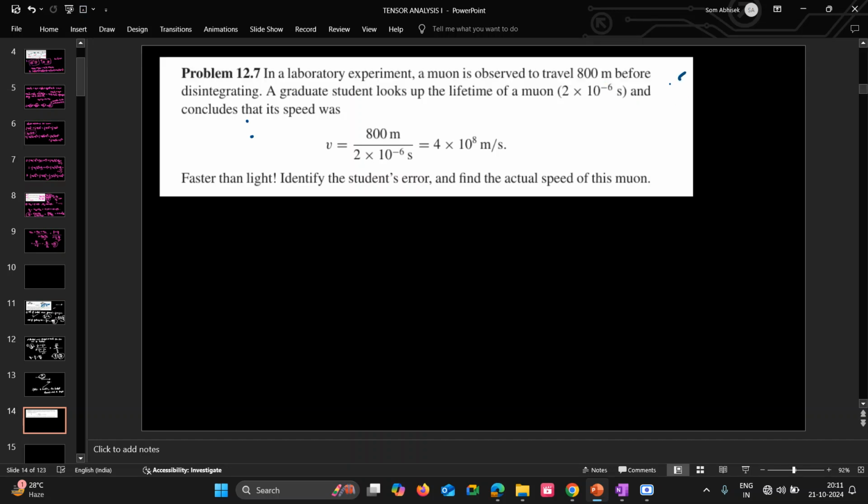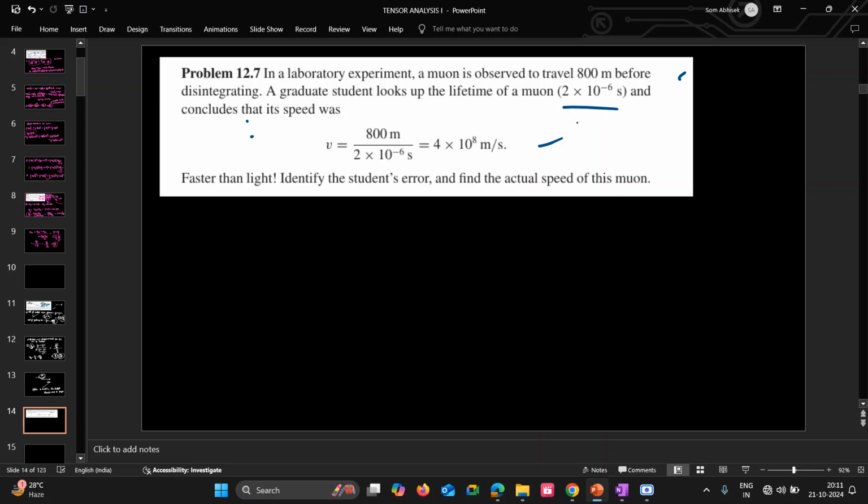A graduate student looks up the lifetime of a muon as 2 × 10^-6 seconds and concludes that its speed was this much. So faster than light? Is it faster than light? Identify the student's error. There must be some error. Find the actual speed of this.